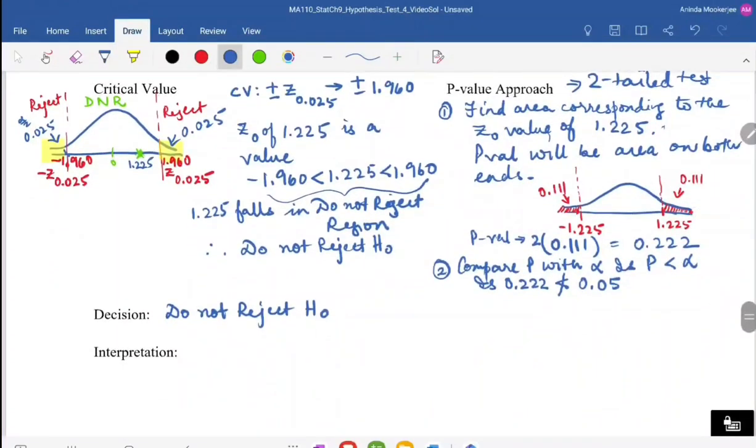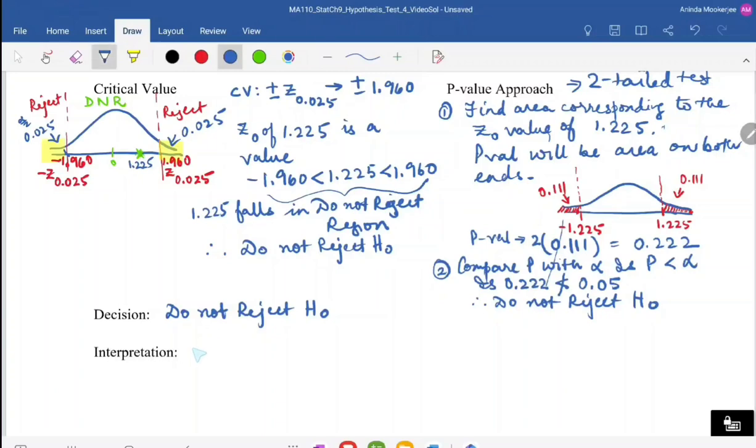So what do we do if 0.222 is greater than 0.05? When p is greater than alpha, then we do not reject the null hypothesis. So yes, our decisions by both approaches are the same.